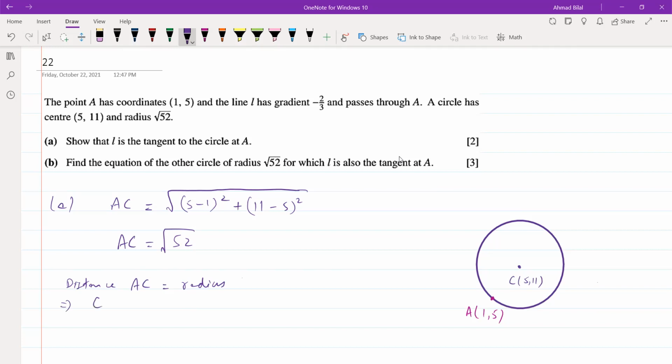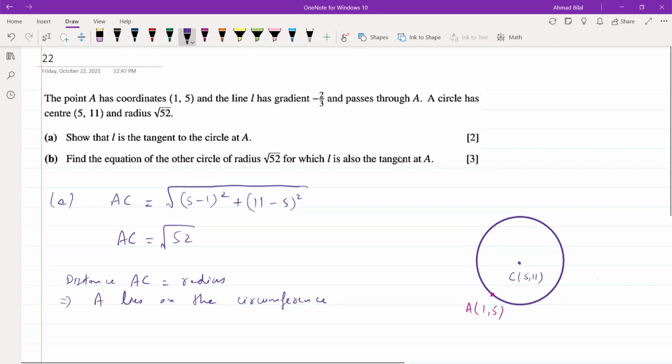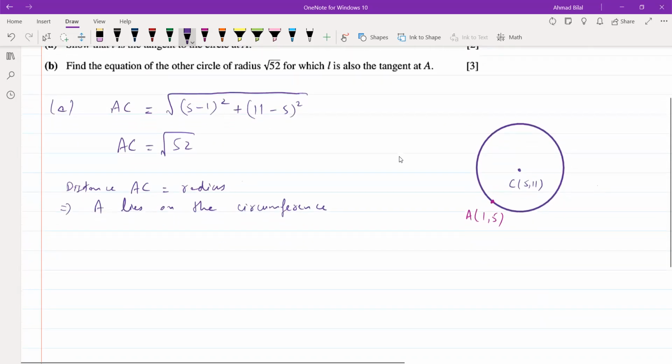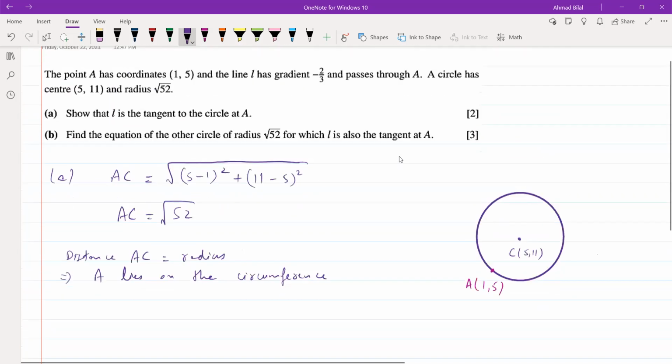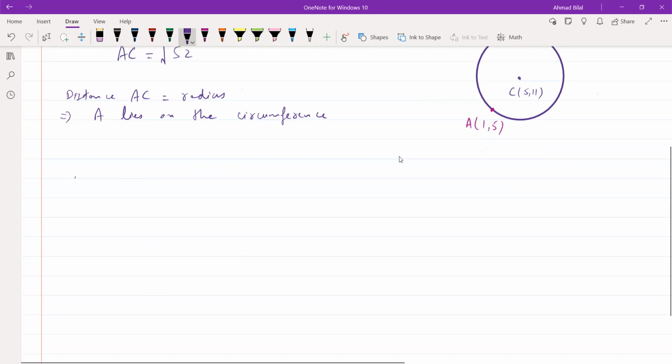Therefore, A lies on the circumference. Okay, so that's the first thing we have to show here. The second thing would be find the gradient of AC.